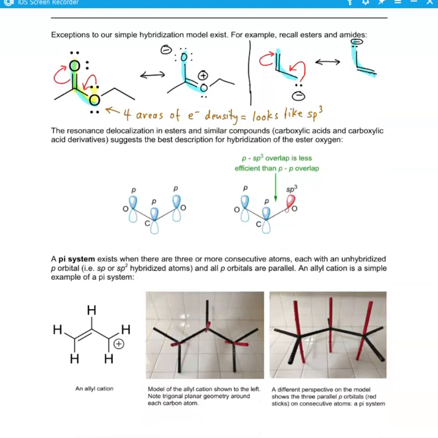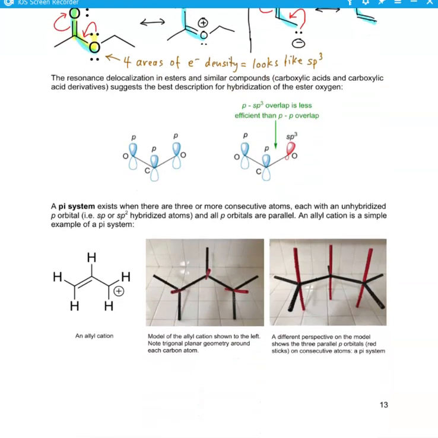So let's go down to the bottom of the page and then we'll jump back up. So let's look at an allyl cation. That structure is shown to the left. Now with an allyl cation, it's very easy to see that each of the carbon atoms is sp2 hybridized.